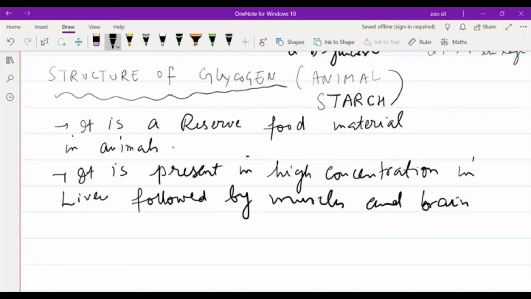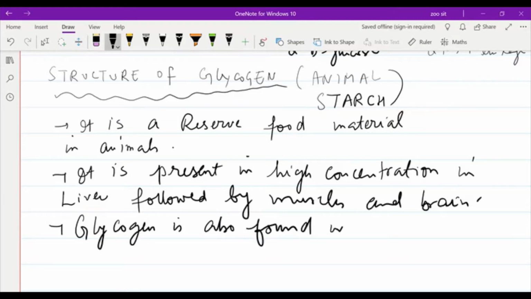So this is also found in this. Glycogen is also found in yeast and fungi.